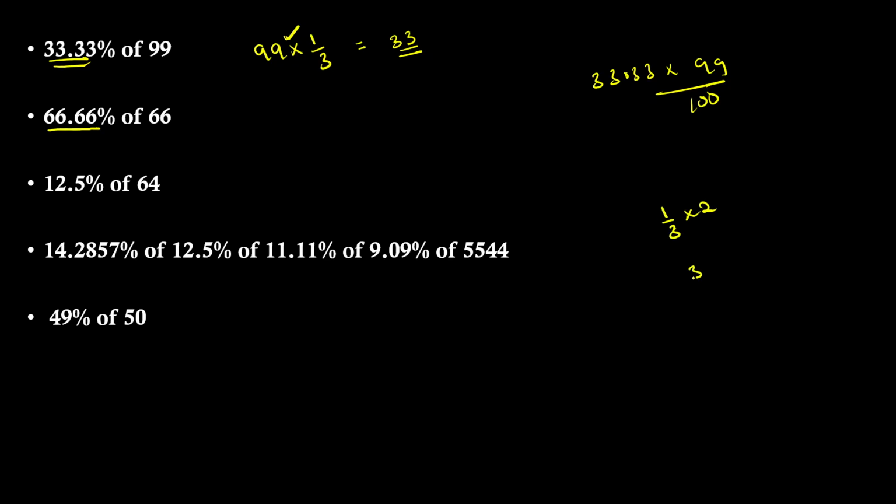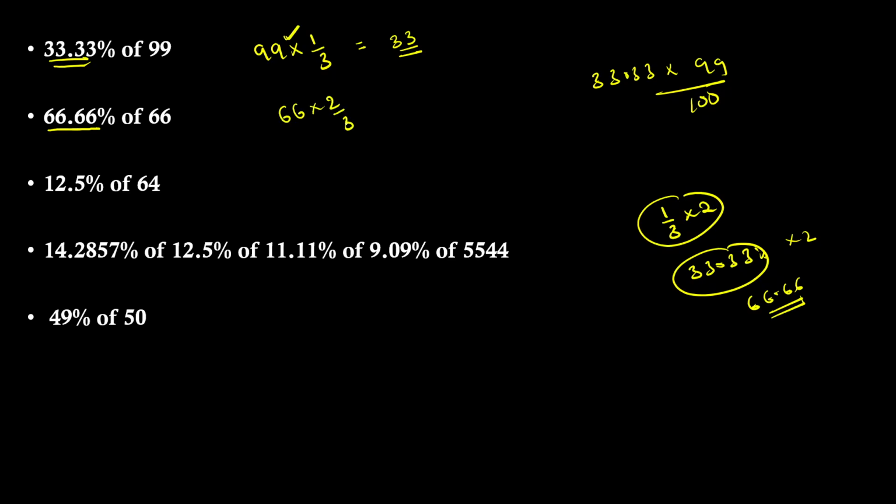I am sure 1 by 3 is 33.33%. When this number is multiplied by 2 it gives you 66.66. So 1 by 3 into 2, that's 2 by 3. So 2/3 of the given number, 66 into 2 by 3, that's 44. Very good, Jashwant. Let's keep going.